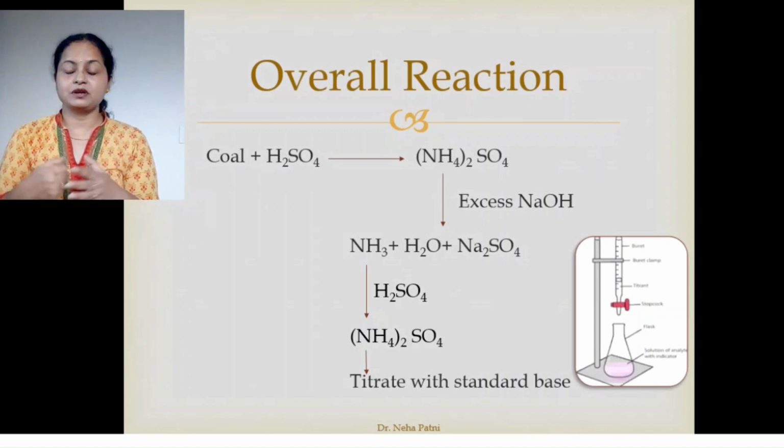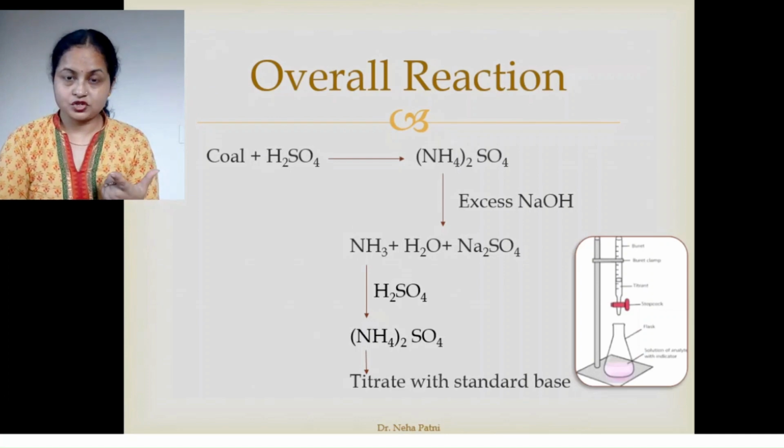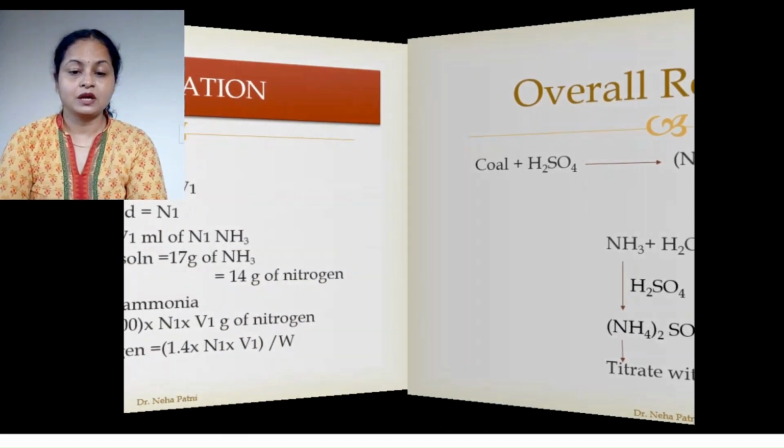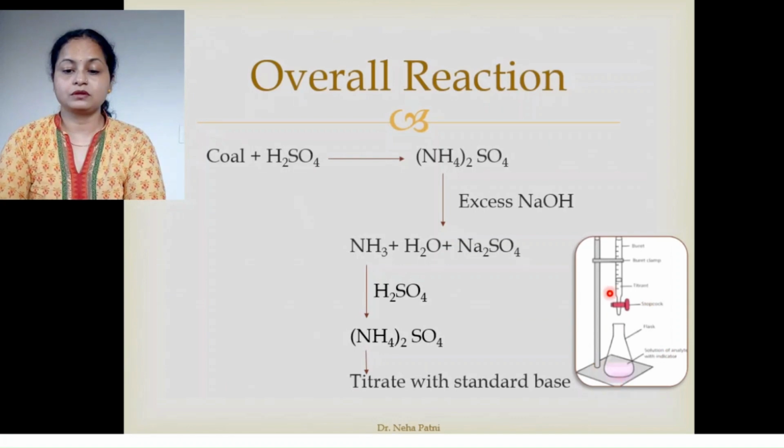So you may see simply that NaOH reacts with it and converts it into NH3. Ammonia vapors further react with H2SO4 and get absorbed. Now what you have to do is to titrate this particular acid with base. So we'll keep a base here, and we'll titrate that 10 ml of H2SO4.